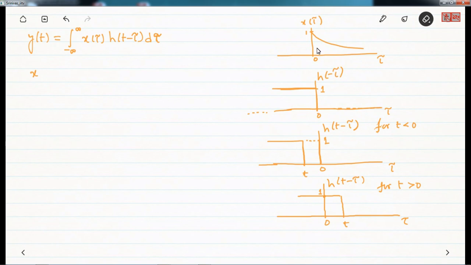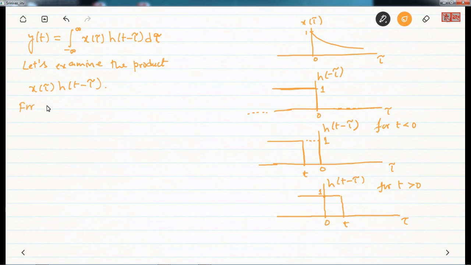Let us examine this product. Product of these two signals, x of tau, h of t minus tau. Okay.